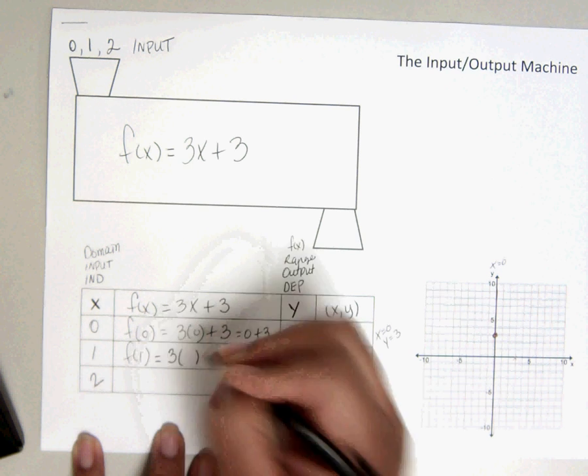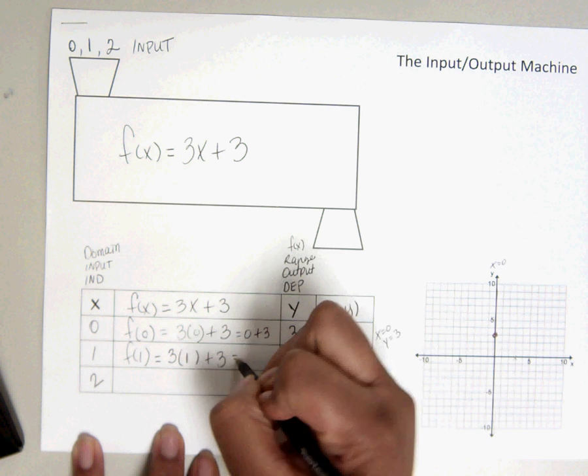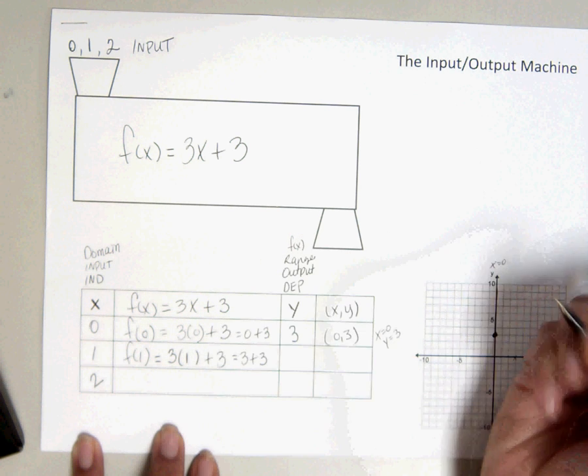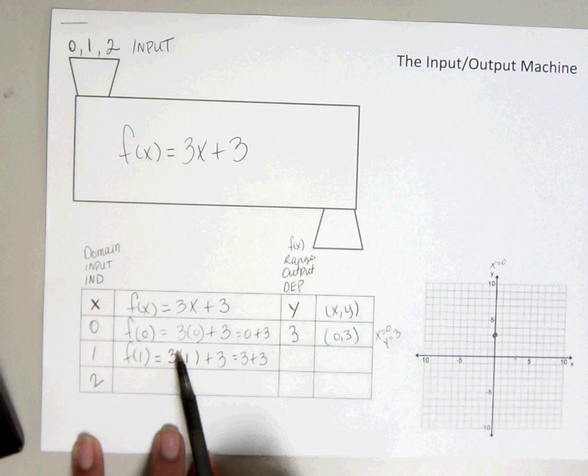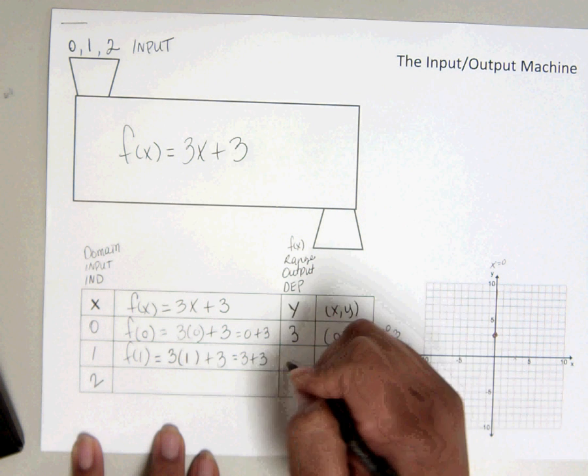What am I putting in place of the x? 1. What is 3 times 1? 3. This is multiplication because there is nothing between it. It's in parentheses. That tells me to multiply. So 3 times 1 is 3. Add 3 to it and you get 6.